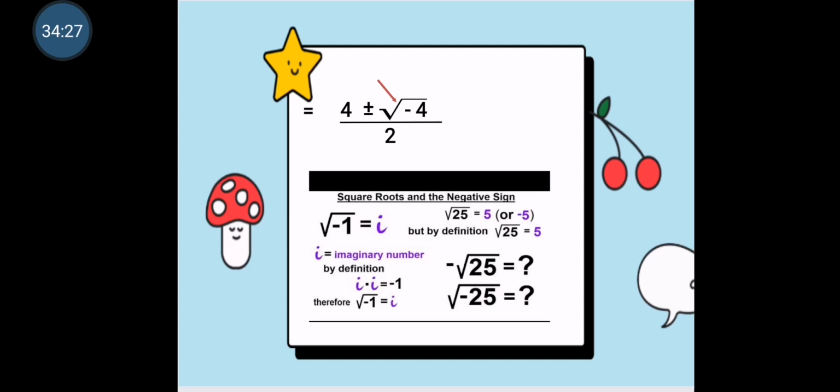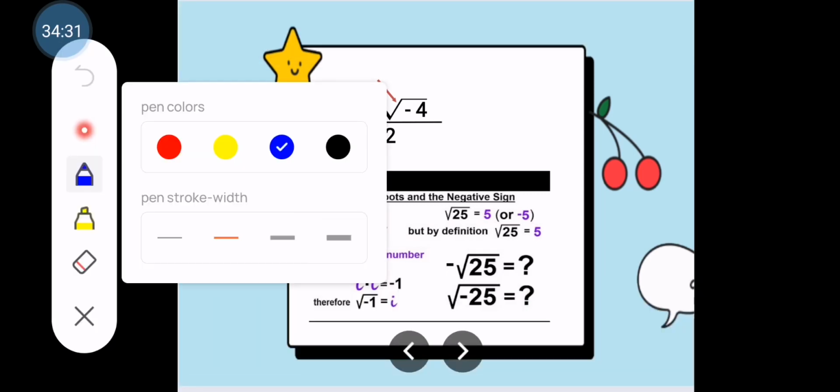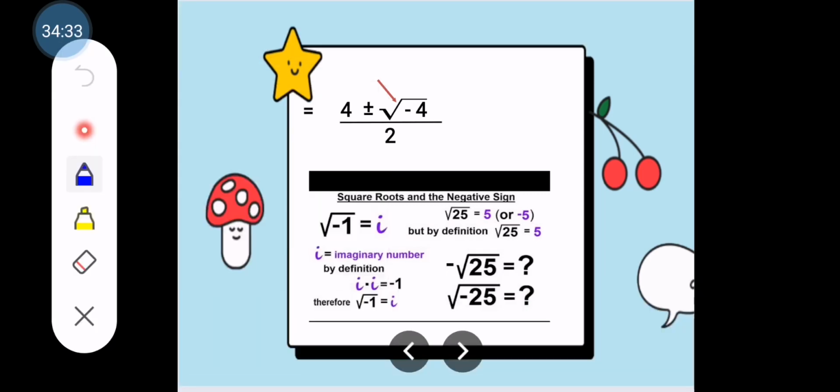Ayan po yung symbol niya. So, bakit naging imaginary number na yan? Kasi there is no such square root of negative 1. So, pwede po natin siyang i-represent as imaginary number. Ayan. So, ibig sabihin, square root of negative 4 is already an example of imaginary number.